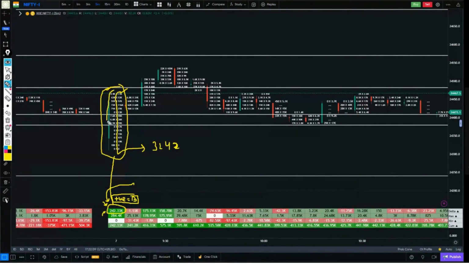Then we add the sellers' side, and assume here that the sellers come to only 1 lakh. So what difference is created here? 242,000. And who is more in this difference? Buyers are more. So that means we found this value inside the green box. Now let's look here.